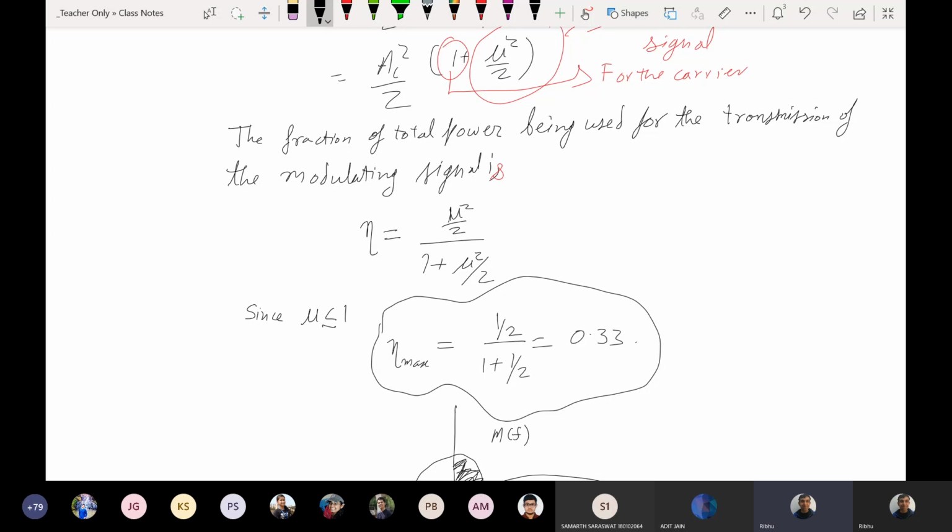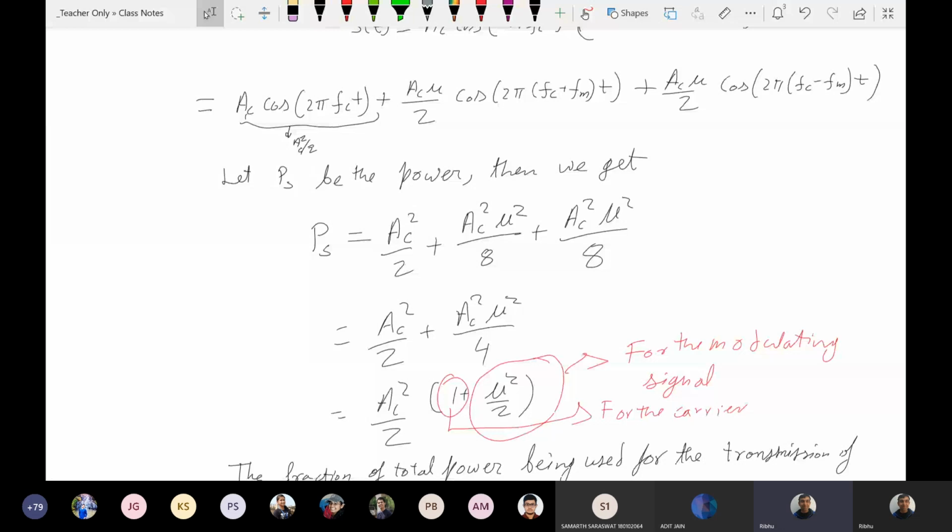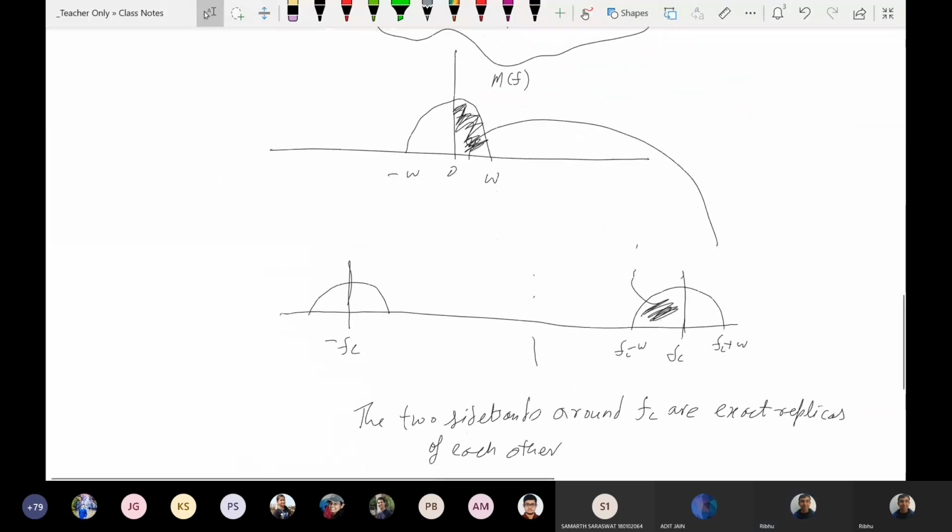Everything else is used for transmitting the carrier component. Is the power argument and the bandwidth argument essentially the same thing? No. So this is the power argument.